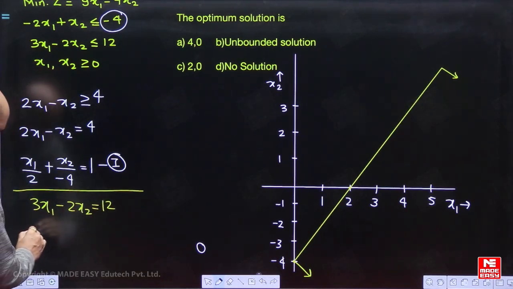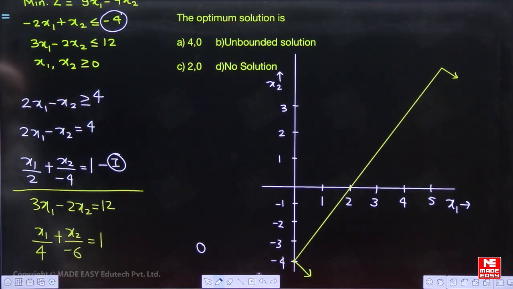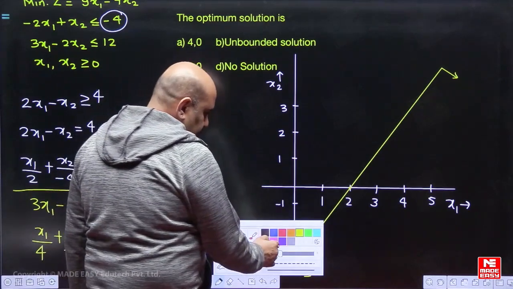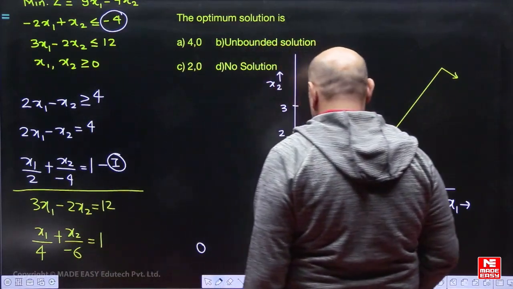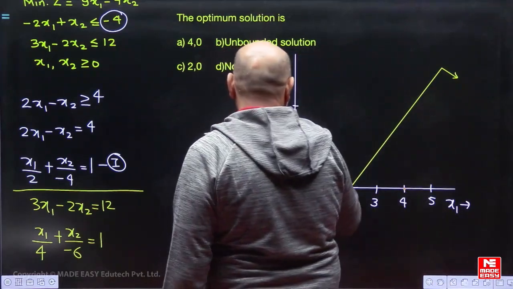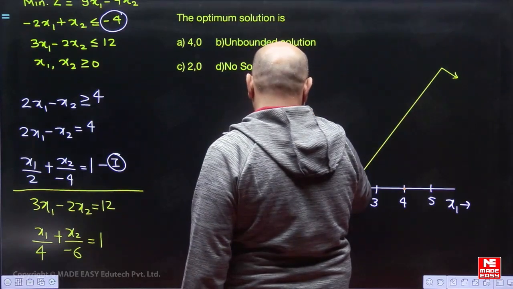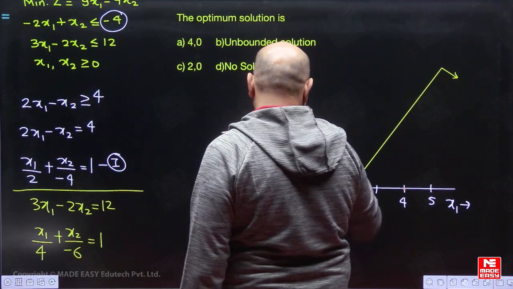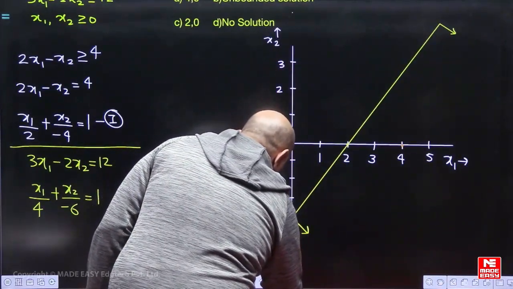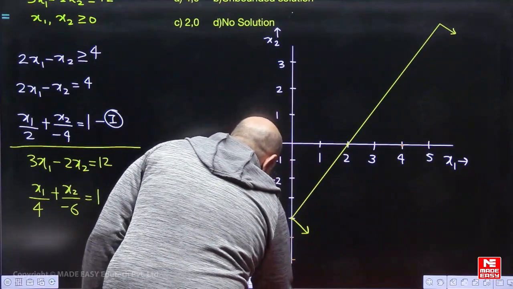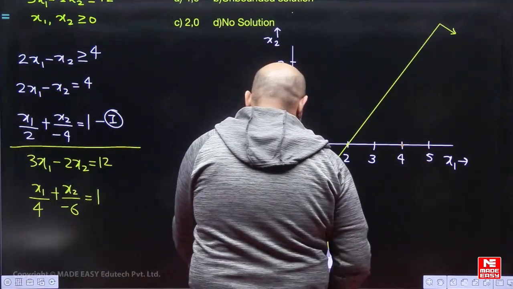Dividing both sides by 12, x1 upon 4 plus x2 upon -6 equals to 1. x1 पे लेंगे 0.4 और x2 पे लेंगे -6. तो see we should increase this scale. फोर एंड x2 पे लेंगे -6. ये आएगा -6 यहाँ पे. एंड नाउ वी शुड ज्वाइन देम, कंबाइन देम बाय अ लाइन.